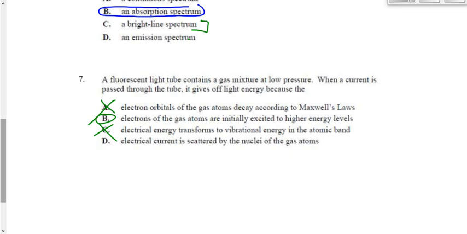Boy, we can't think of a good fourth possibility, so we're just going to make something up. Let's make it like something you've heard before so that maybe we can trick you. Kind of like the Rutherford experiment, alpha particles are scattered, but no, you're not going to scatter an electric current by the nuclei of these gas atoms. That has nothing to do with the Bohr model. So the answer is B. Good.